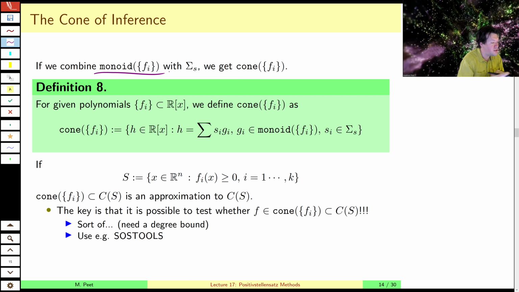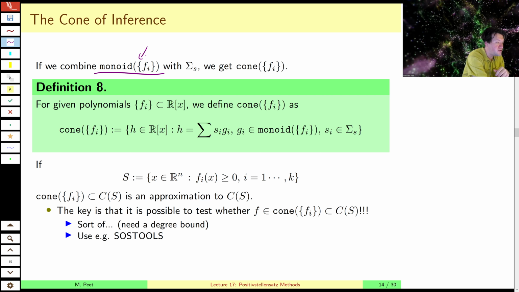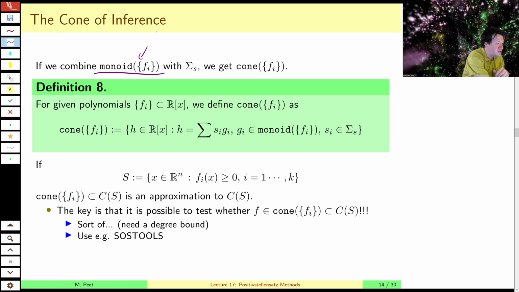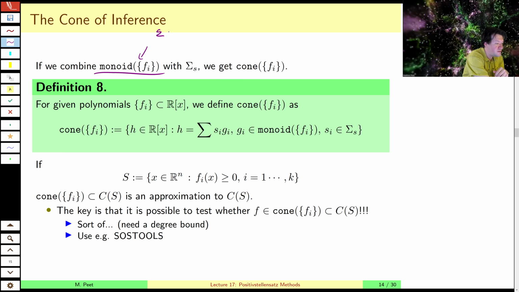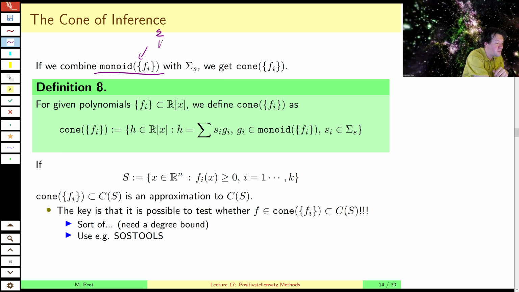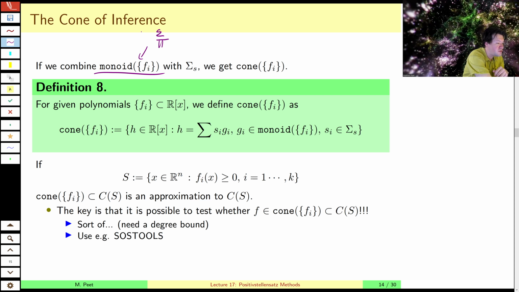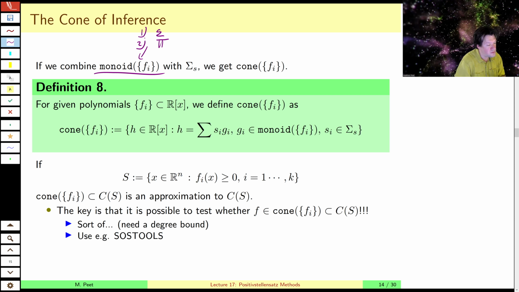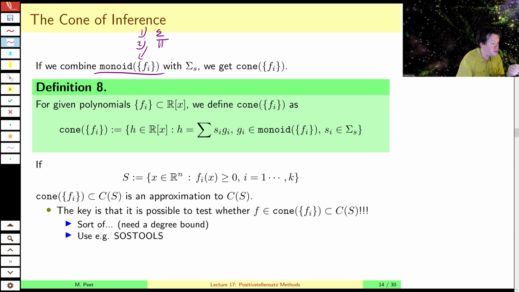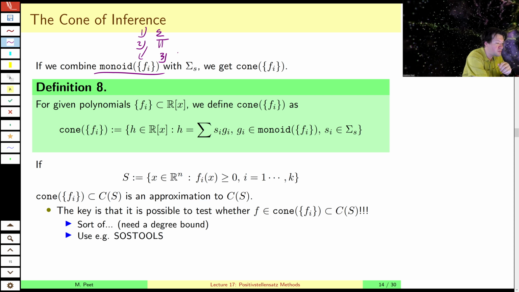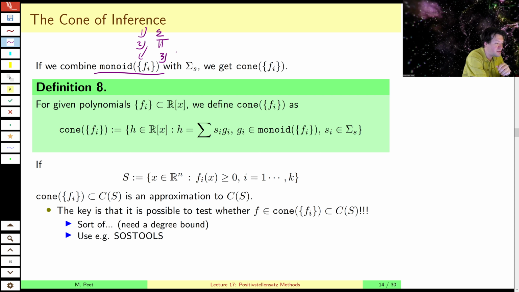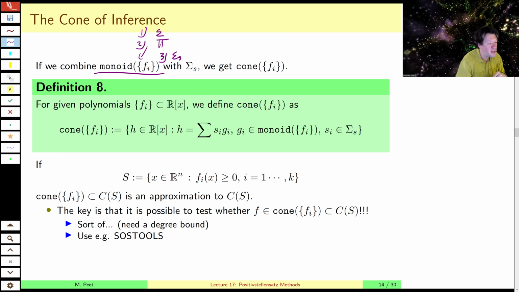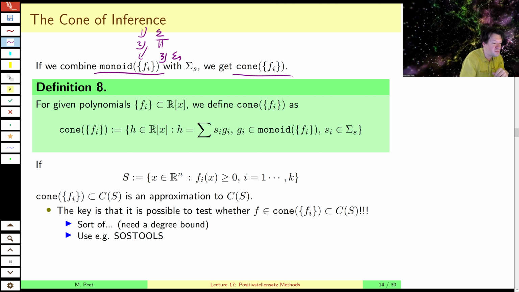So the monoid includes the previous two inferences. It includes sums of valid inequalities and includes products of valid inequalities, so rule 1 and rule 2. And now if we include the third inference rule, which is to add sums of squares, which are positive everywhere, we get another set which is referred to as the cone.